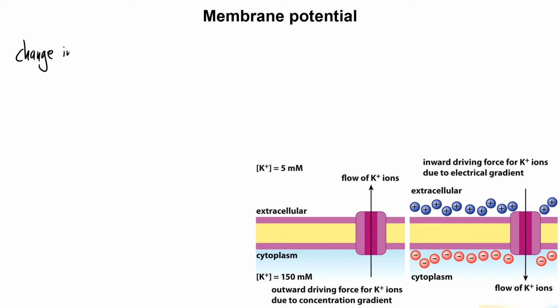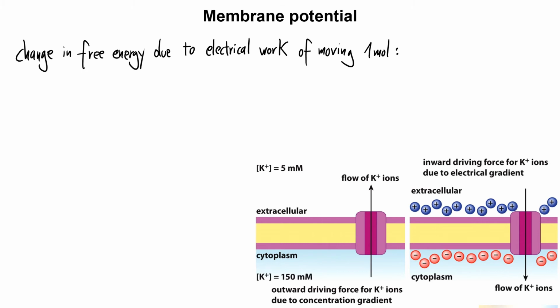So we do this now in terms of free energy. The change in free energy due to the electrical work of moving 1 mole of potassium ions from the outside back to the inside is given here by delta G electric. And that is calculated with the negative Faraday constant times the membrane potential EM.